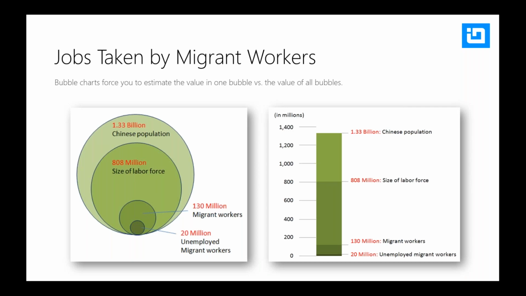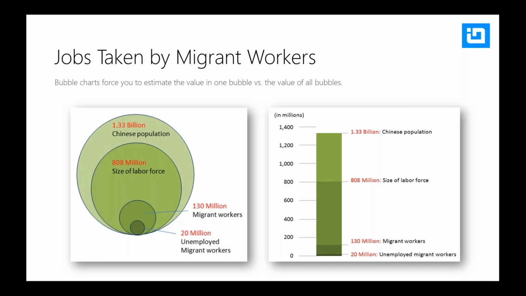Here's another example of jobs being taken by migrant workers. And this goes back to volume and bubble charts being a very poor choice for visualizations where you expect a level of detail. You can see here, there's no way to tell what the actual size of 130 million to 133 is. What is the delta in size between those bubble charts?